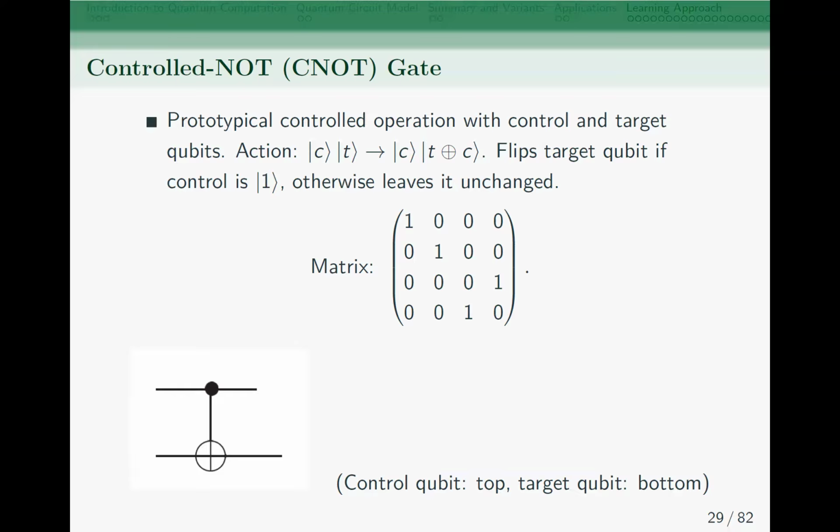Or you can write the vector form. If the input state is 0,0, then it maps to 0,0, because the first qubit is 0. If it's 0,1, it maps to 0,1. But if it's 1,0, and I apply C-NOT here, where the control qubit is the first qubit, then you flip the second one, so it becomes 1,1. And 1,1 becomes 1,0.